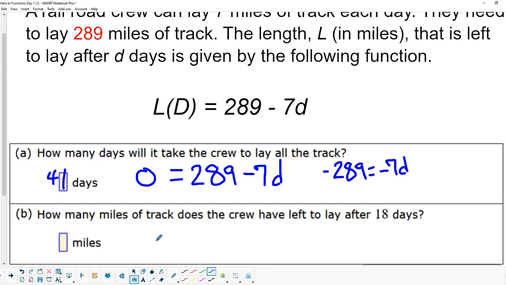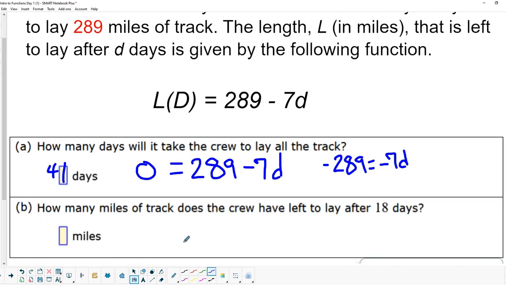Well, how many miles of track does the crew have left after 18 days? So in that case, we're going to put 18 into our function and multiply by 7, and then subtract that number from 289.